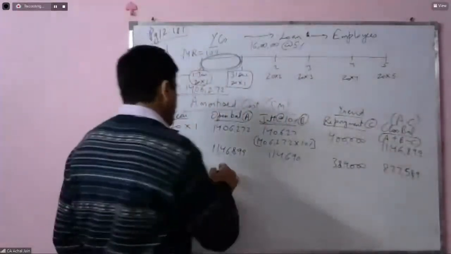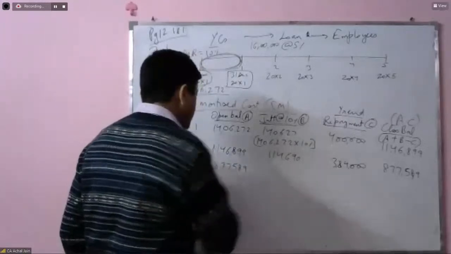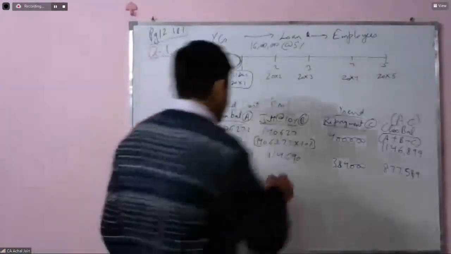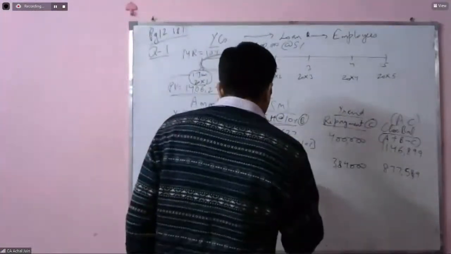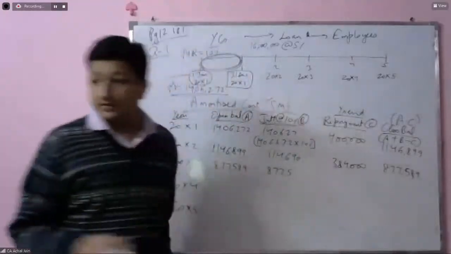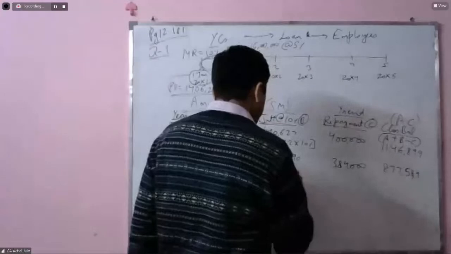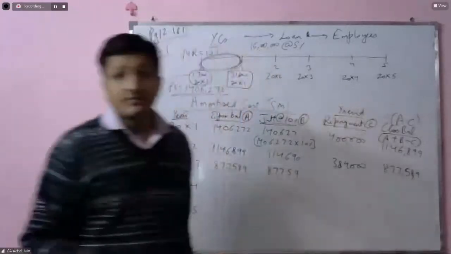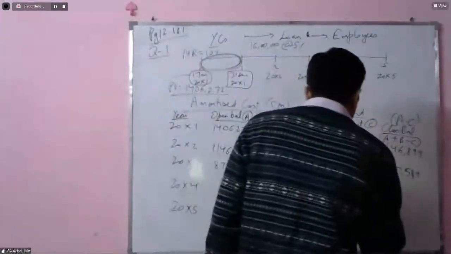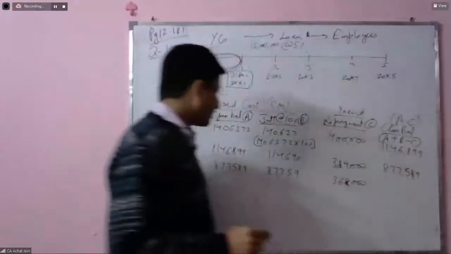This then becomes the opening balance. Then we recognize interest on this, 8,77,589 we can pick up. And then we have this repayment amount, 3,68,000. And then we get the closing balance.